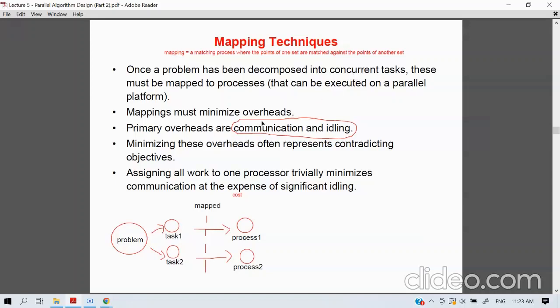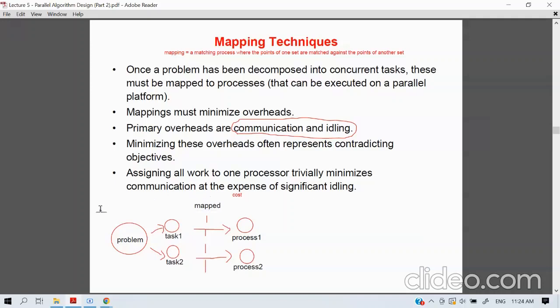Assigning all work to one processor trivially minimizes communication. We end up unable to do concurrent tasks, because we want to minimize communication and idling, so we assign all the subtasks to one processor. That is why one processor trivially minimizes communication at the expense of significant idling. So there are fewer concurrent tasks because we want to make sure there is no communication and idling overhead.